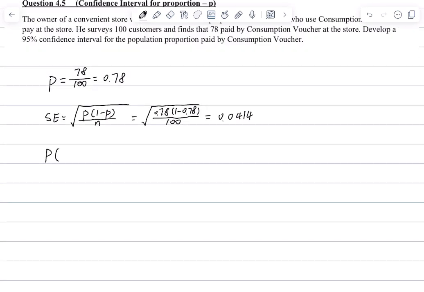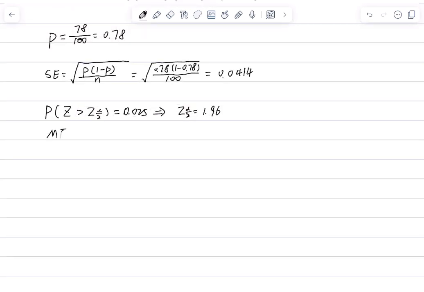And then we can determine the z-score for the 95% confidence interval. For a 95% confidence interval, the z-score is approximately 1.96. And then we can calculate the margin of error.